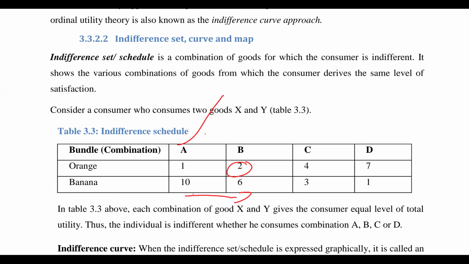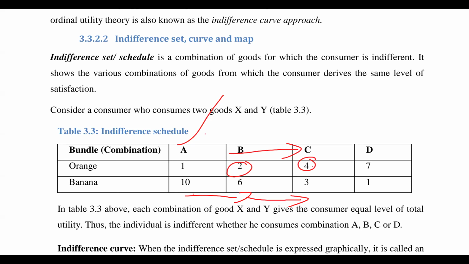When you further increase the number of oranges that you're taking to 4, the number of bananas you're taking further decreases. If you decide to increase the number of oranges you're taking to 7, you'll only be able to purchase 1 banana.